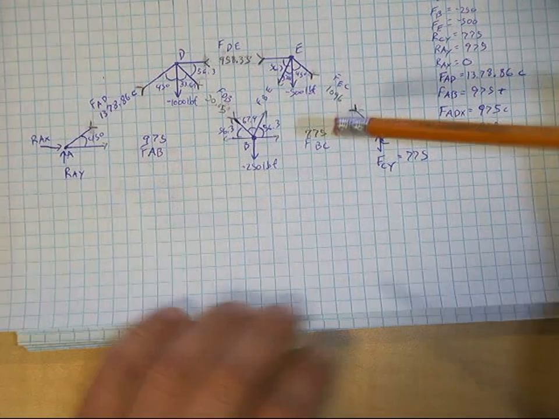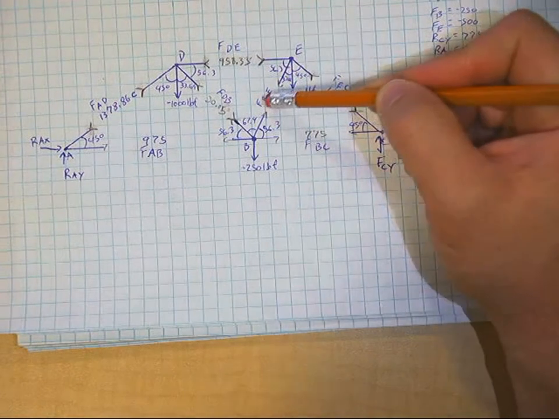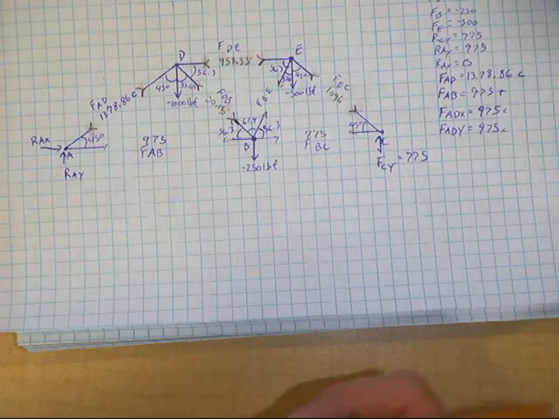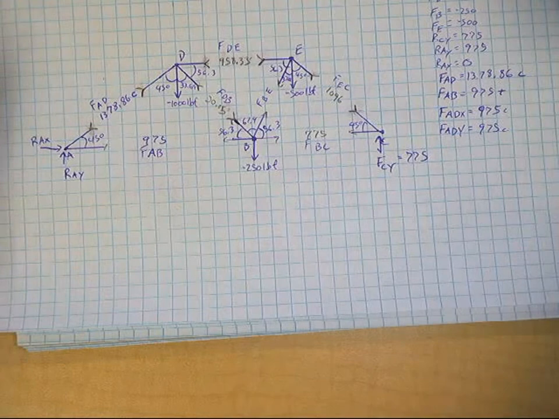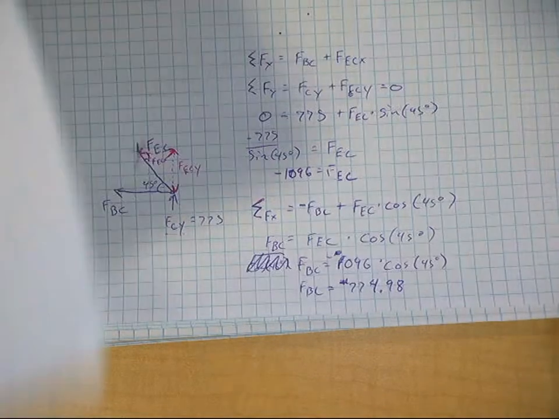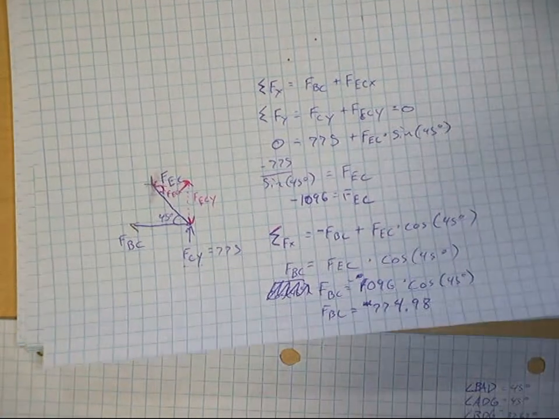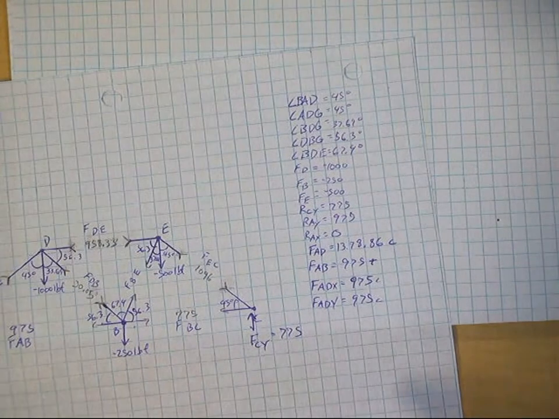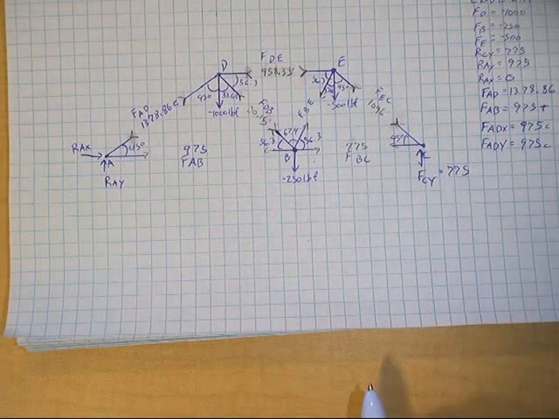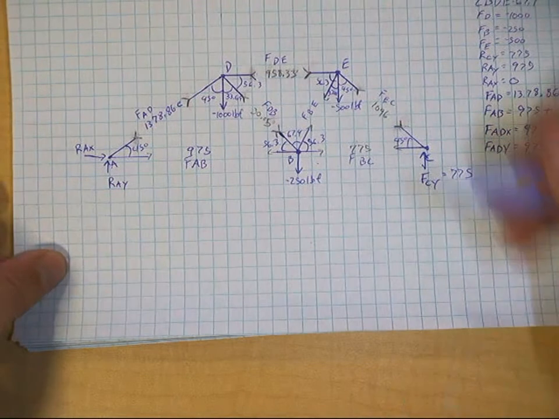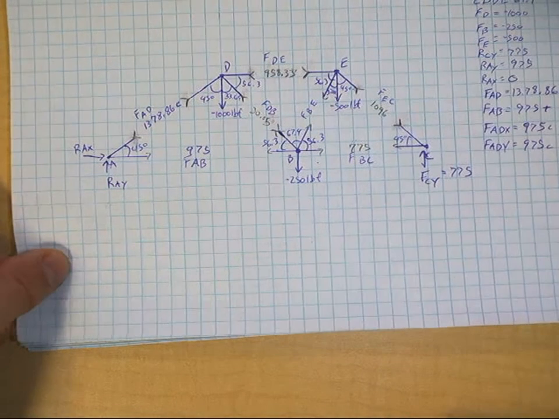Okay, now at this point, we're really only missing one value. We're missing the FBE. That's going to be our final calculation here. It's quite a large one, right? So we're going to go ahead and do E at this point. We're solving for FBE.